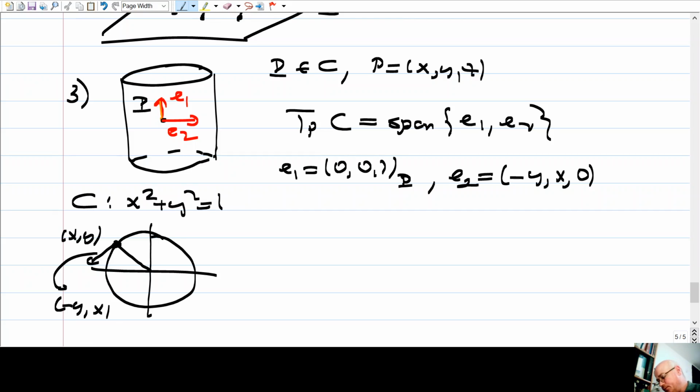Okay, now let's compute the shape operator. Then the covariant derivative of the vector field U at P. I didn't tell you what is U at P. Sorry. U at P is this vector.